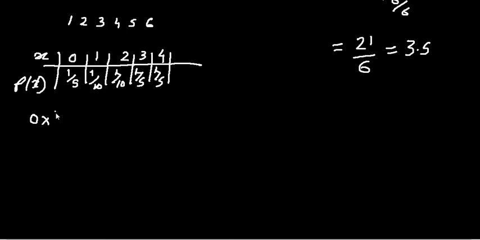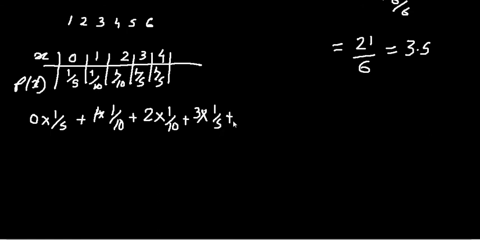So 0 times a fifth plus 1 times a tenth plus 2 times a tenth plus 3 times a fifth plus 4 times a fifth as well.